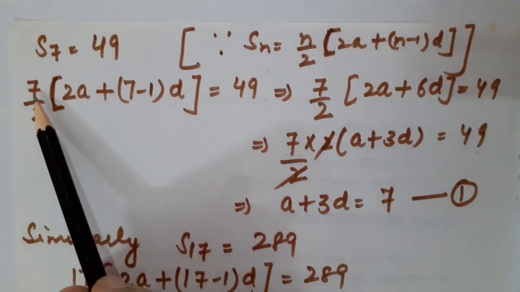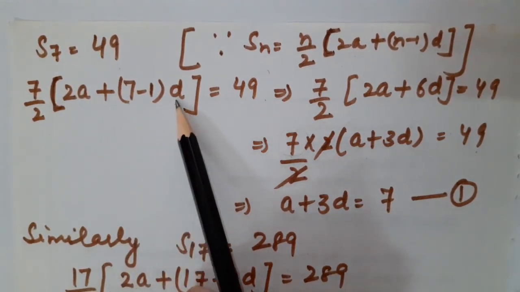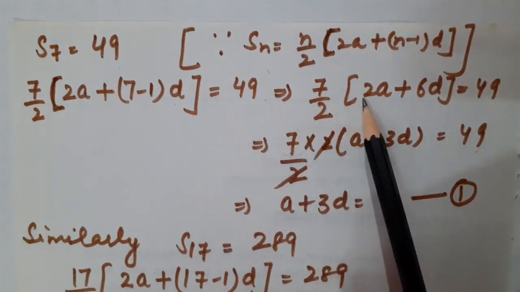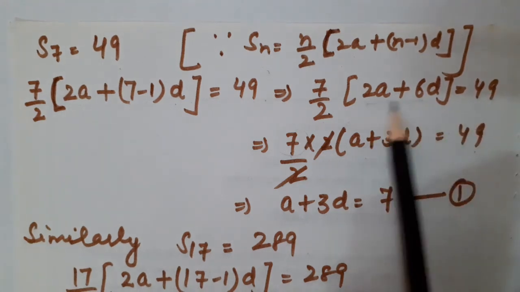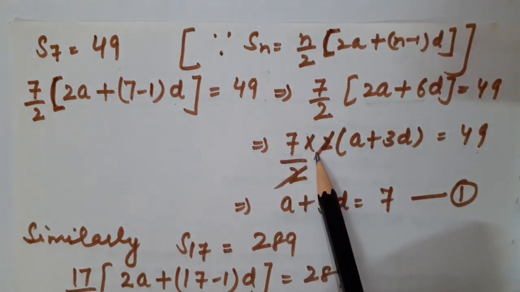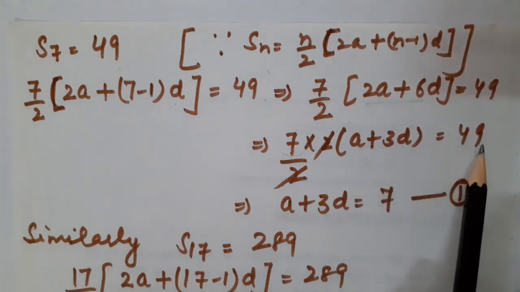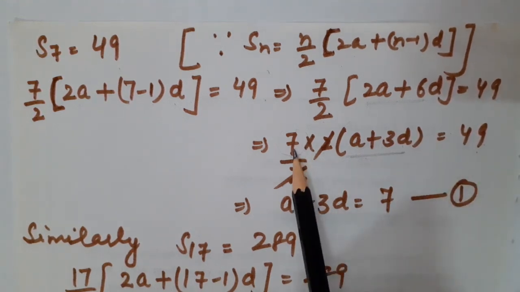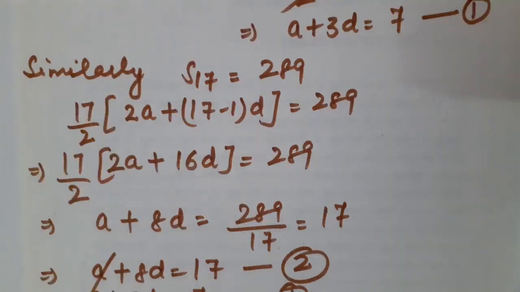So in place of n we are writing 7. 7 by 2 into (2a plus (7 minus 1) into d) is equal to 49. 7 by 2 into (2a plus 6d) is equal to 49. Taking 2 as common, I have got 7 into (a plus 3d) is equal to 49. a plus 3d is equal to 49 upon 7, that is 7. So I have got equation number 1 from S7 is equal to 49.